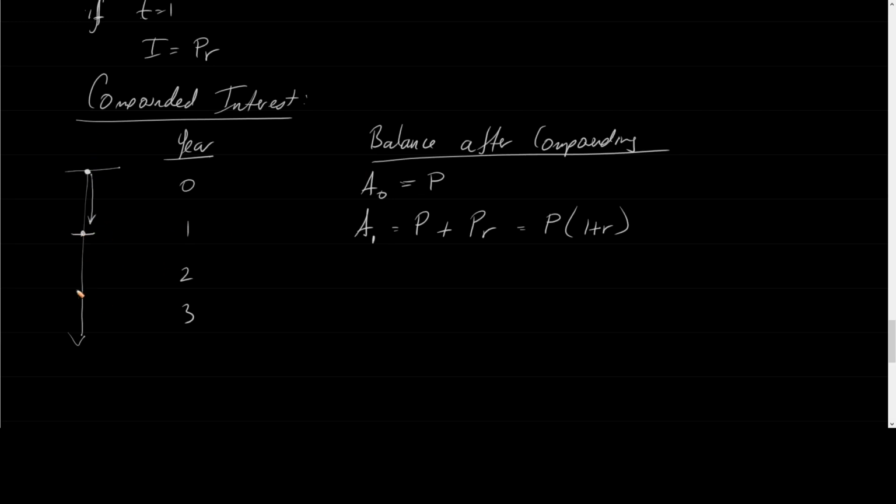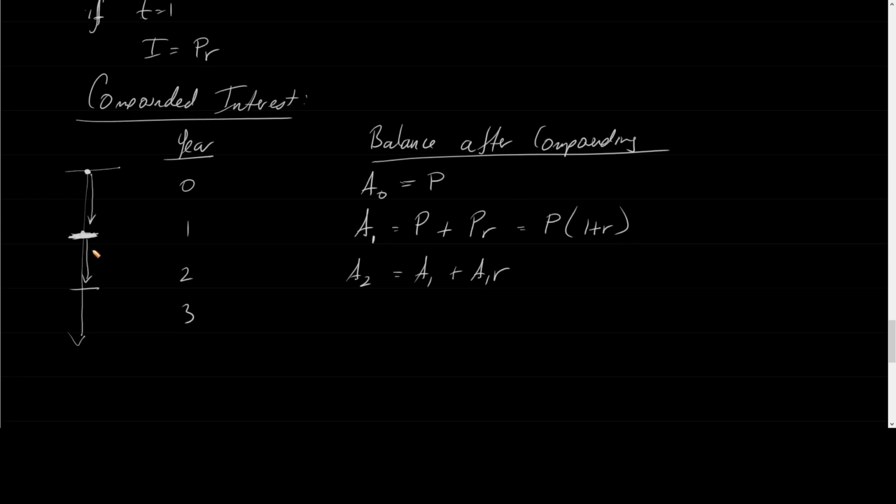That's where we are. Now, over here, at the end of the second year, the amount at the end of the second year, well, we're going to have the original amount that we had at the end of the first year, plus the interest earned on that amount. The interest earned on that amount is just A sub 1 times R, because, well, at the beginning here, the amount was A sub 1, right?